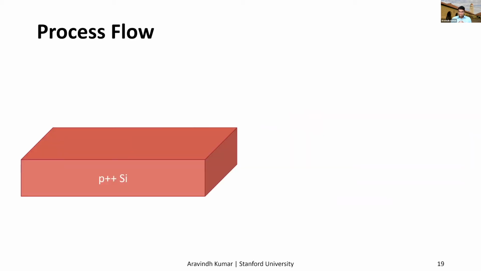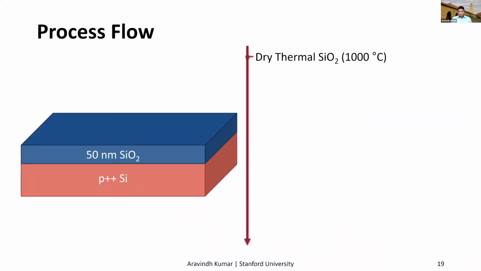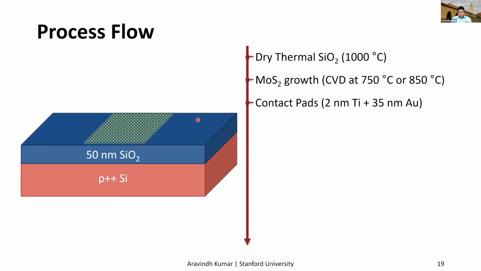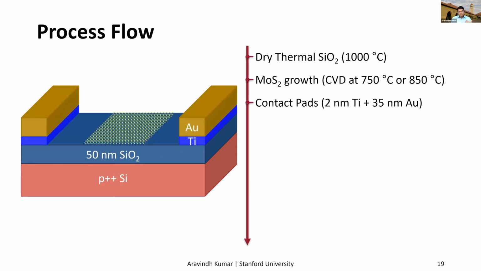So how do we make these TLMs? First, we take heavily doped P-type silicon wafers and grow dry silicon oxide on top. Next, we grow MoS2 at 750 Celsius by chemical vapor deposition. And then we pattern these regions and etch away the MoS2. And then we deposit contact pads.